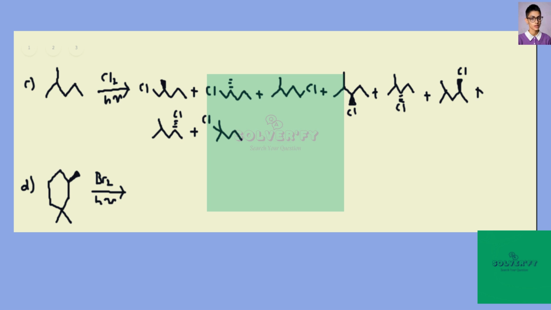For D, we have a bromination, and so there are only going to be 2 products here, and they're going to be stereoisomers.